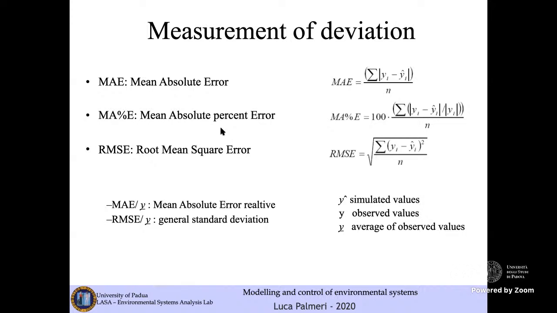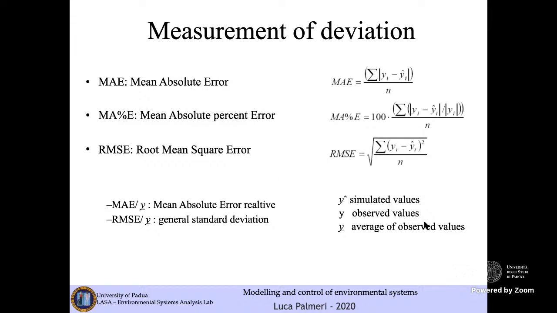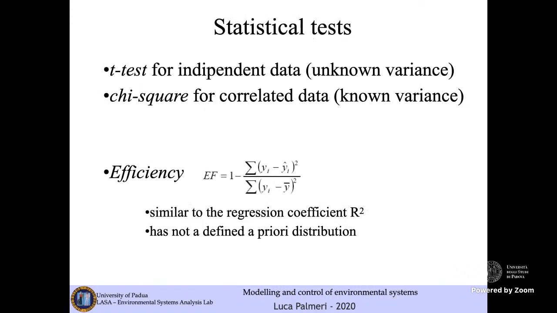But I have to tell you that by far the most employed measure of deviation is the so-called efficiency, or the Nash and Sutcliffe coefficient, in which we simply make a ratio by comparing the differences between simulated values and observed values.